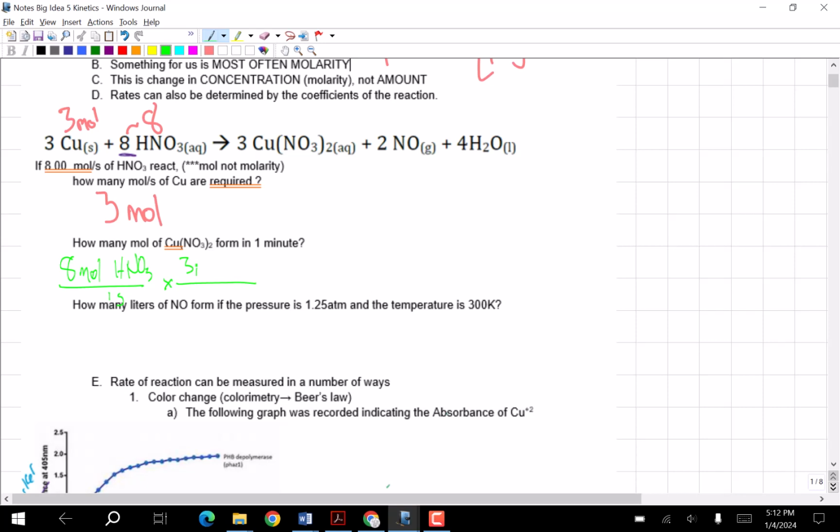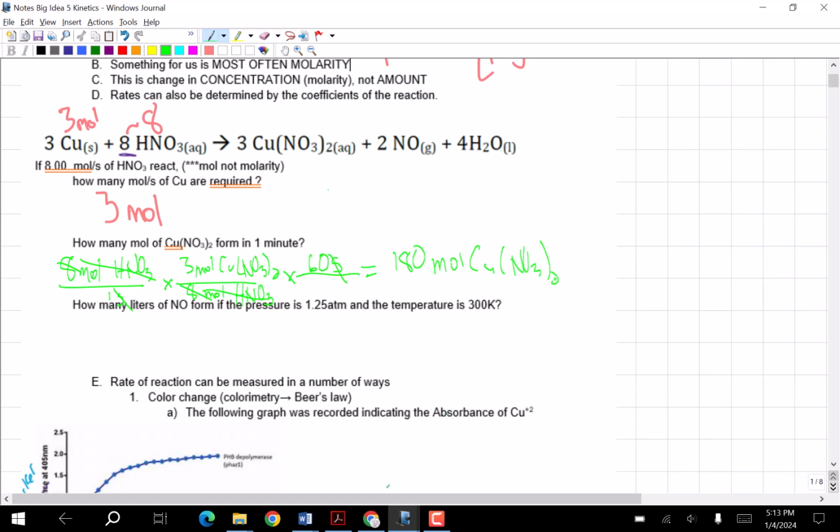Well, that would be 3 moles of Cu(NO3)2 for 8 moles of HNO3. Notice how my moles of HNO3 cancel out. If I want to do it in 1 minute, 1 minute is 60 seconds. So 8 cancels out, 3 times 60 is 180 moles. Notice my seconds cancel out too. So the only unit I have left is moles of Cu(NO3)2.